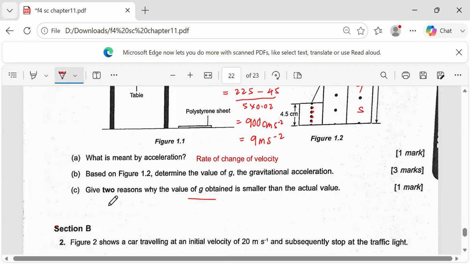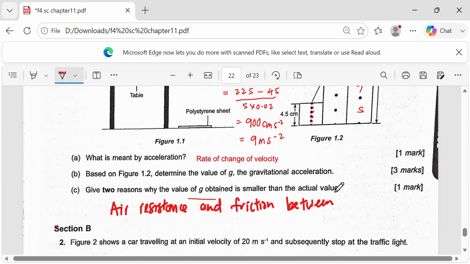When we are doing it, there is air resistance and friction between the ticker tape and the ticker timer. It's not free fall. Free fall, you will get 10. This one is not free fall.